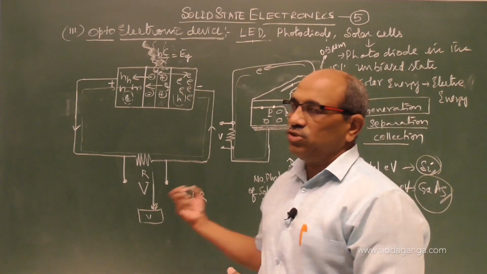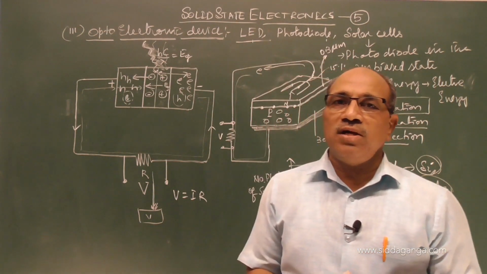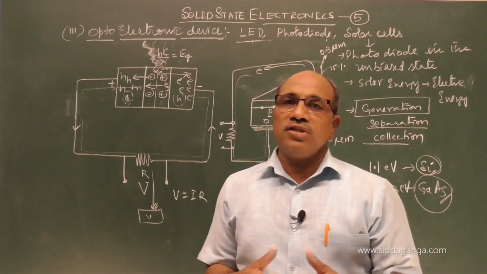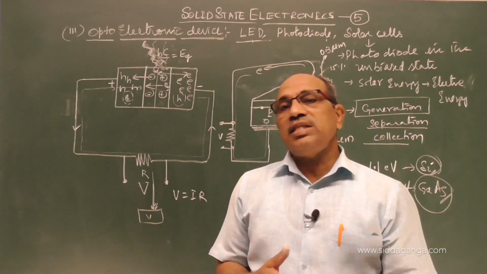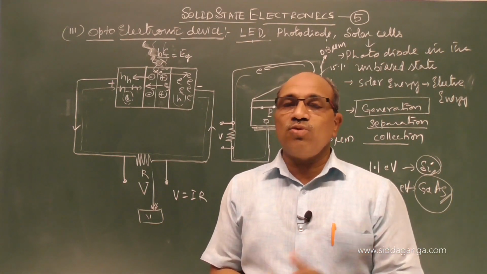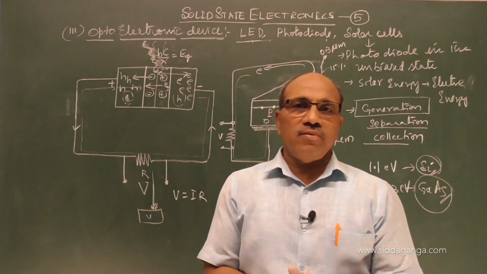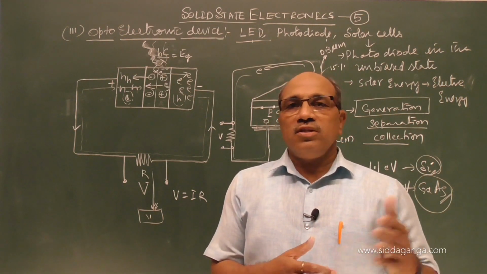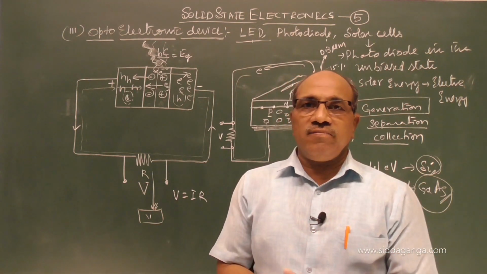That is about this unit, the PN junction diode we discussed, starting from solid state electronics, the classification of solids, and in that again semiconductors, conductors and insulators. In semiconductors, intrinsic and extrinsic, and further we come to the extrinsic p-type and n-type semiconductors.